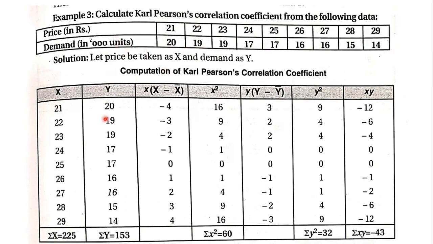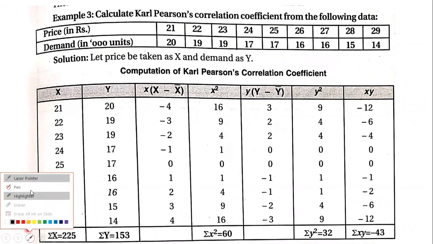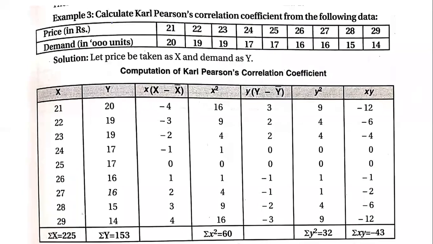So let us assume here they have not given us what is X and what is Y. So we are going to assume what is X and what is Y. Clear? So it is very easy for now. Don't mix up X and Y. The first one, take it as X, and the second column, take it as Y. That is the easiest way for you to solve the problem and finish it quickly.